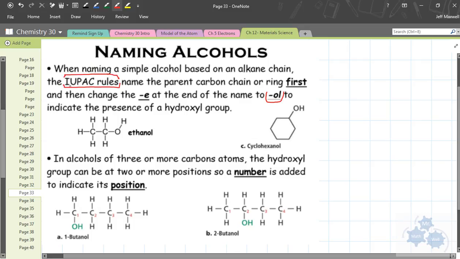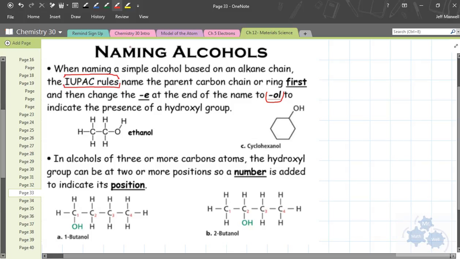It's called the IUPAC rules, International Union of Pure and Applied Chemistry, I believe is what that stands for. And these are the rules that we're following.